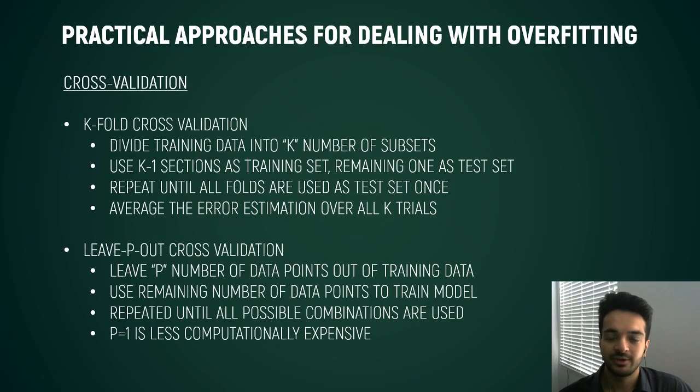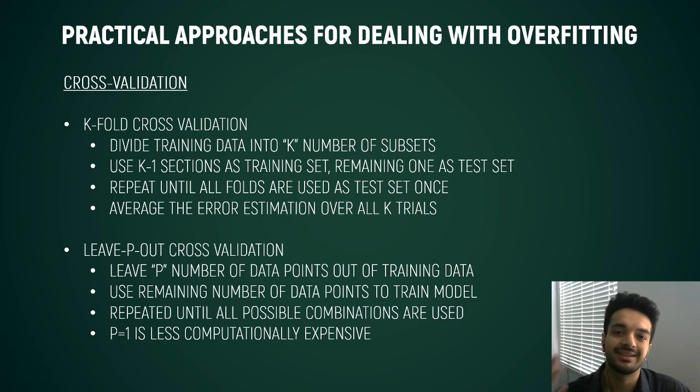Another way of, or rather not dealing with, but trying to prevent overfitting, is through cross-validation. One type of cross-validation is called k-fold cross-validation, where you divide your training data into k number of subsets. Let's say we take k equals 5.